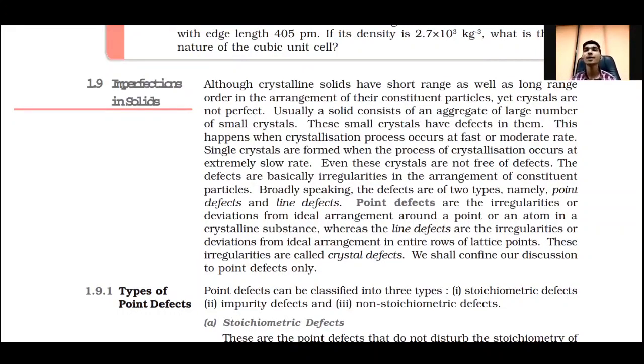Means if the defect is there in an entire row, then we can say it is a line defect. These irregularities are called crystal defects. We shall continue our discussion with the point defect only. In this chapter, we are only going to learn about point defects. We are not concerned about line defects, obviously.